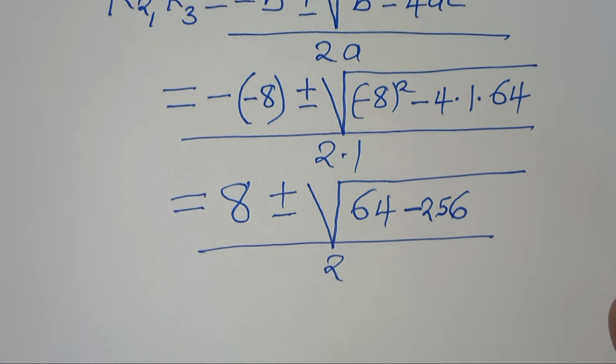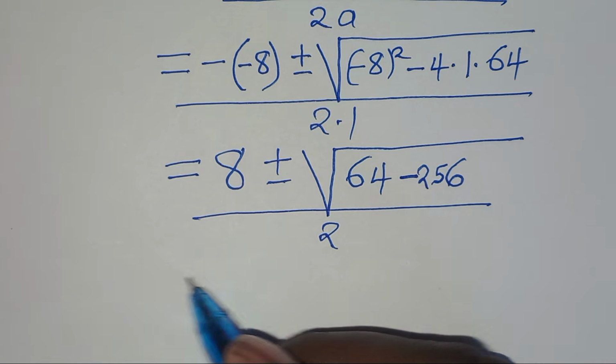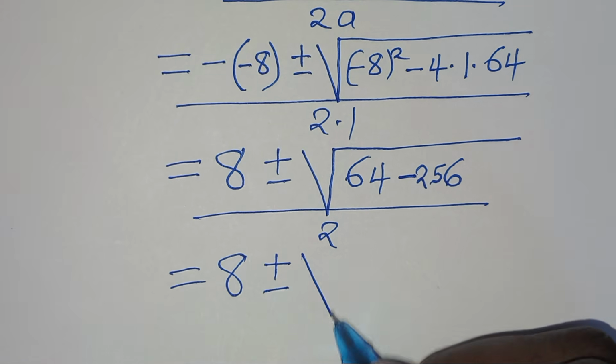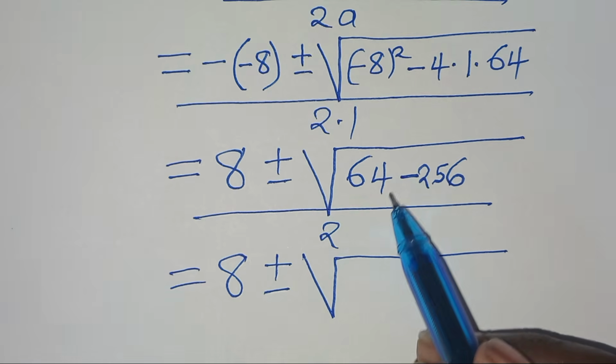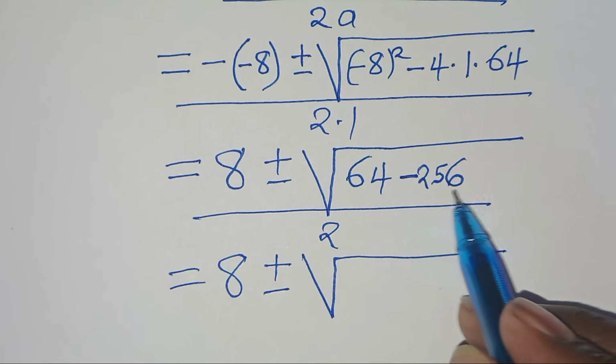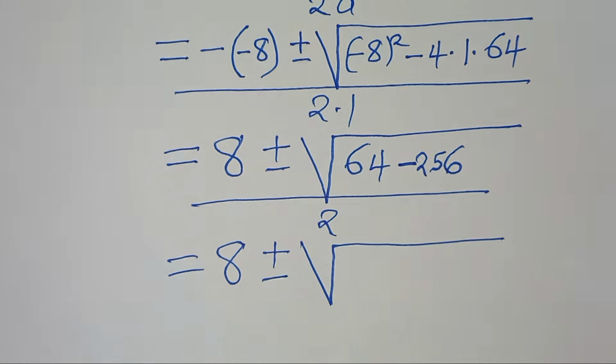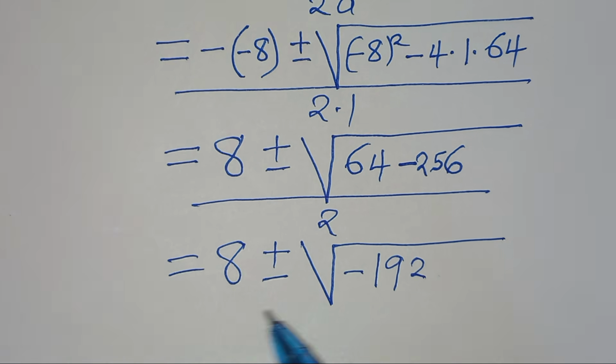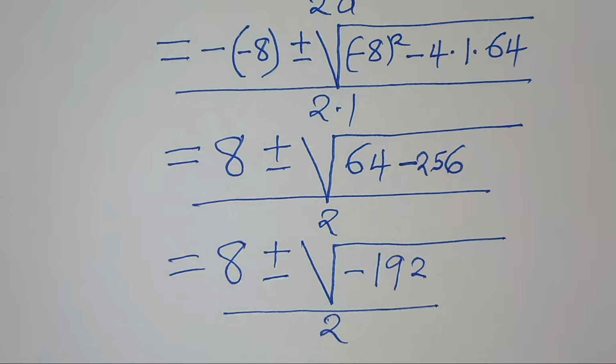Now here we have 8 plus or minus the square root of, now we have 64 minus 256. This is equal to negative 192 divided by 2.